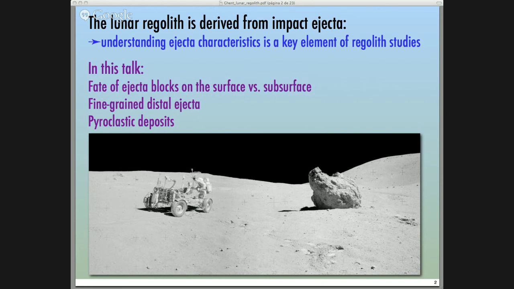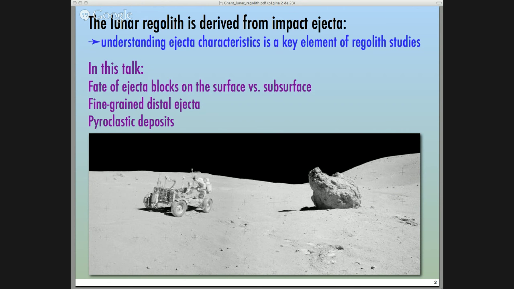And then we're going to look at some very interesting features that surround some large impact craters that seem to cover up the background regolith. And then also these pyroclastic deposits, which are the end result of fire fountains, essentially, volcanic eruptions on the lunar surface.